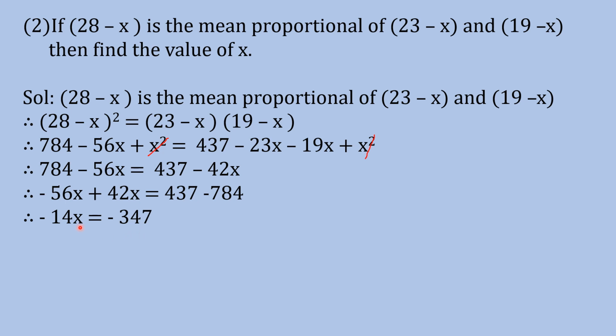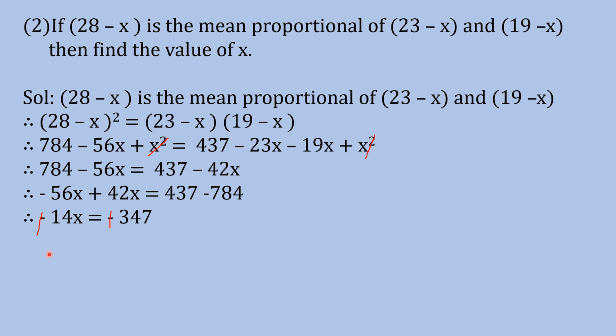Now student, I need the value of x. So I'll keep the variable x here, and the number minus 14 I'll bring to the other side. But student, you can see both sides have minus, the same sign, so it will also cancel. Is it clear? So without the minus sign we get the answer.